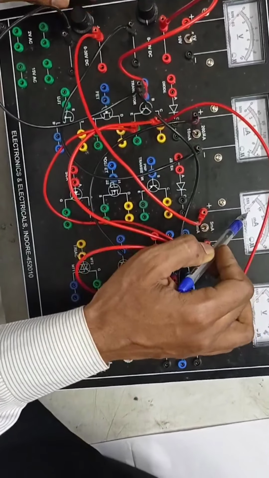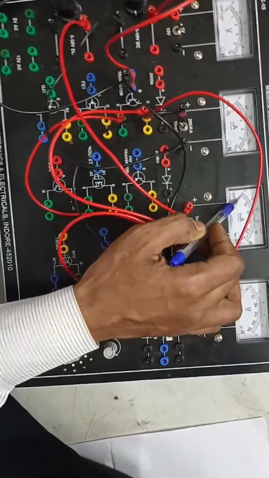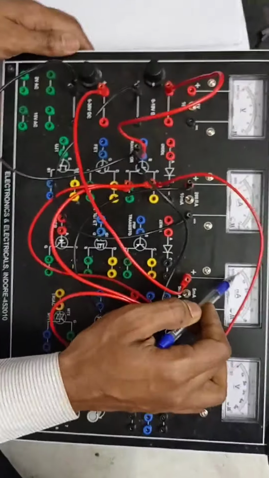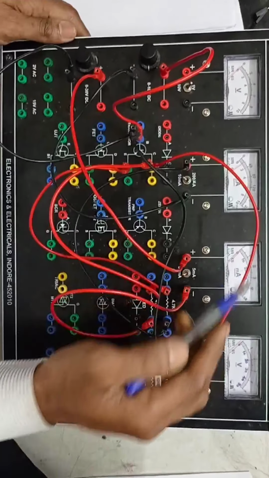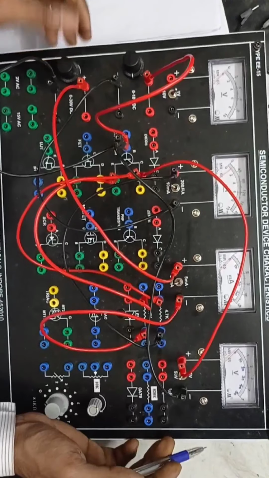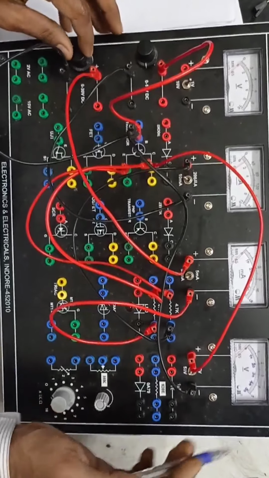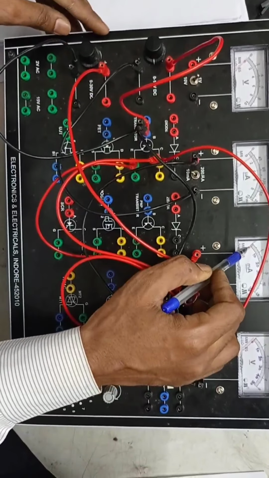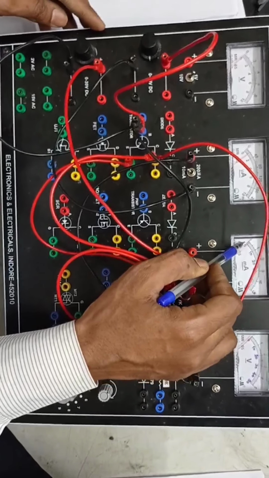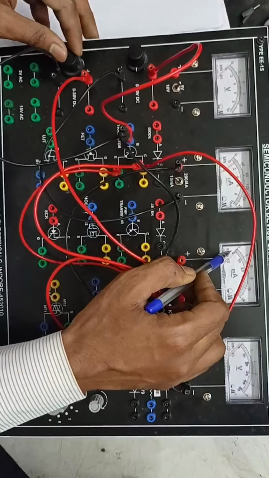There is a small change in current, about 1 to 2 milliampere. When we apply the maximum source voltage, the current remains at 1.5 milliampere, and this value remains constant up to the maximum of the supply voltage.